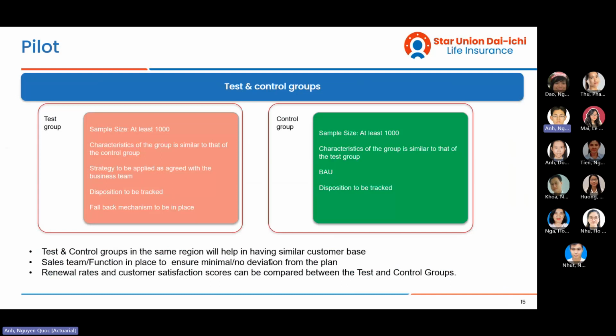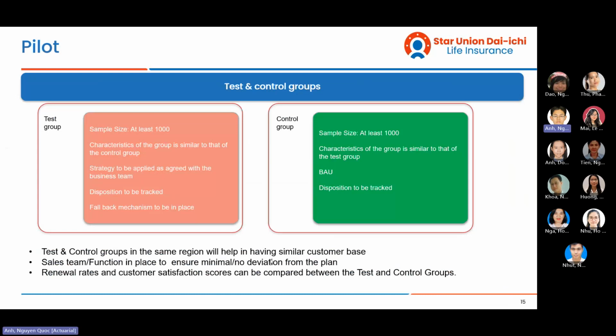When the pilot is done, the results are plotted, published and submitted to the top management as well, saying that these are the observations we have made as a team collaborating with the business team, and these are the outputs. Then the top management gets the confidence that the results are in line with what we're expecting, and it can be rolled out on a larger scale across the regions.